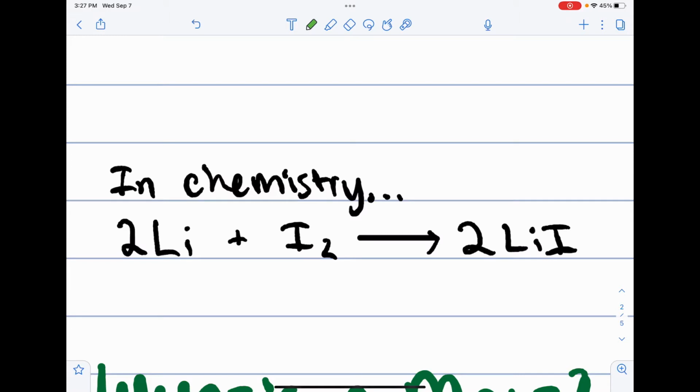Basically, if I weigh out a gram of lithium and I weigh out a gram of iodine, or even if I weigh out 2 grams of lithium and 1 gram of iodine, that's not going to react exactly in the way that it's supposed to react, or in the amount it's supposed to react, because lithium is a lot littler than iodine. If you look at the periodic table, lithium has less protons, which means it also has less electrons. So we're not going to have the right ratio or the right amount of lithium to iodine.